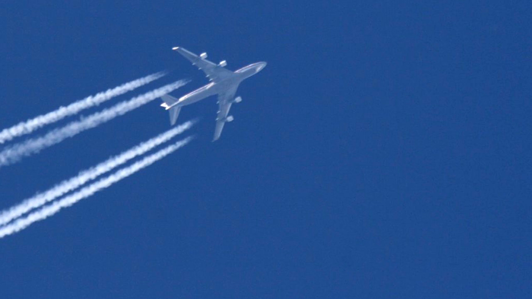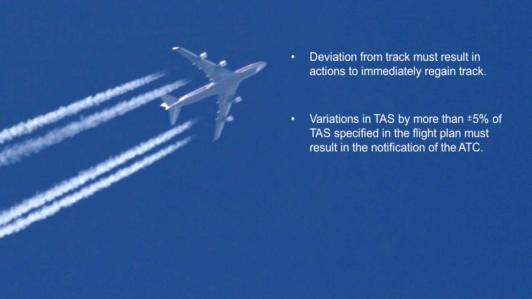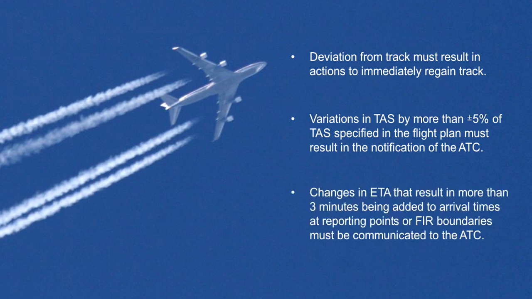If a controlled flight inadvertently deviates from its current flight plan, the following action is to be taken. Deviation from track must result in actions to immediately regain track. Variation in TAS by more than ±5% of TAS specified in the flight plan must result in the notification of the ATC.